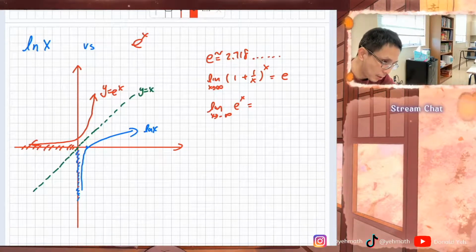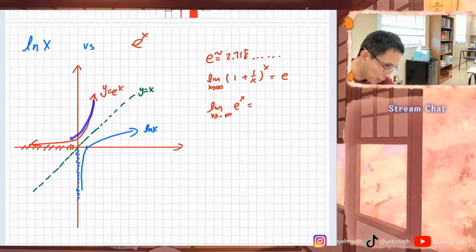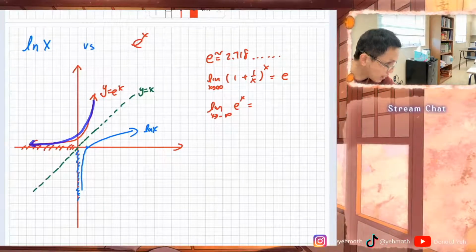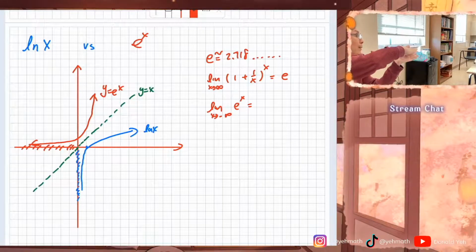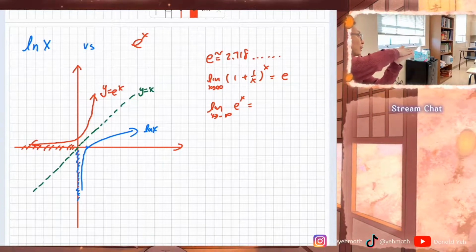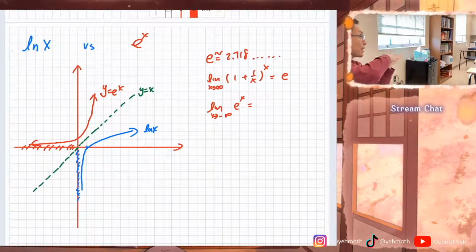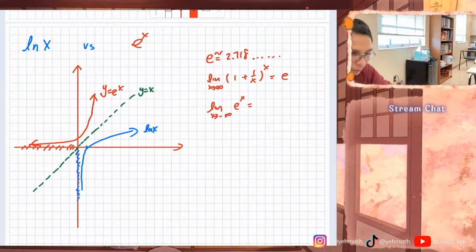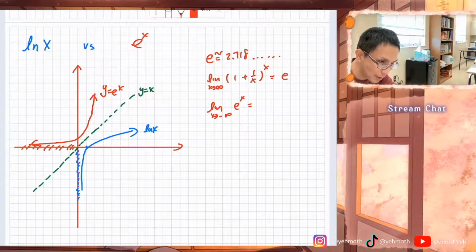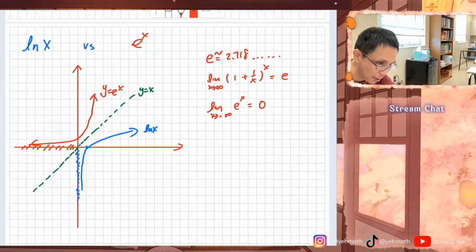Good. So as we go in this direction, eventually it's going to plateau to the y value of 0. But it's going to get infinitely close because that's a horizontal asymptote. So the red dotted line is the horizontal asymptote. So that's equal to 0. That's something that you need to know.